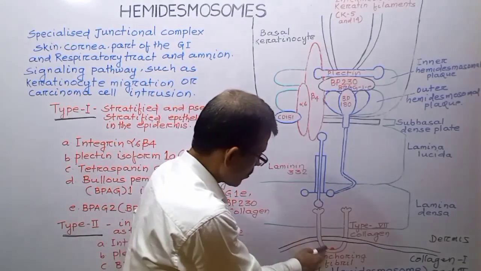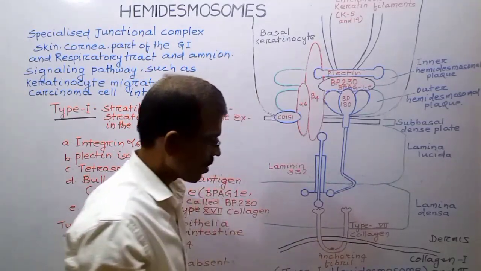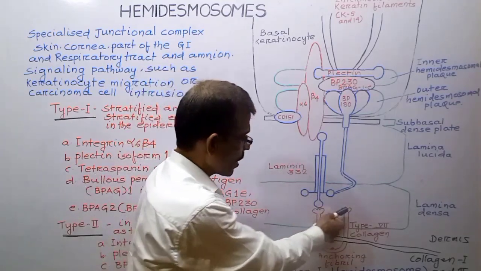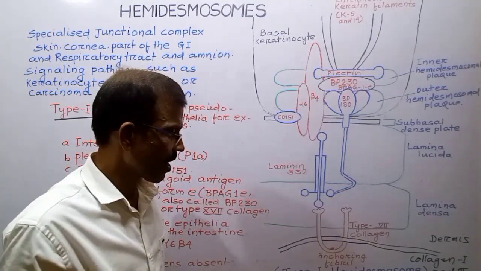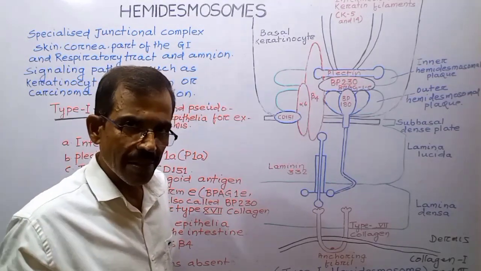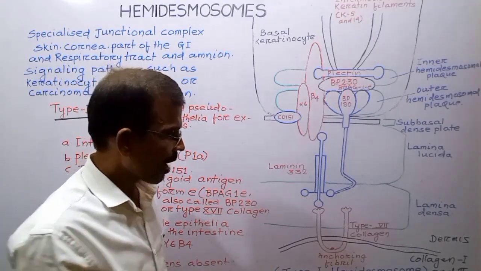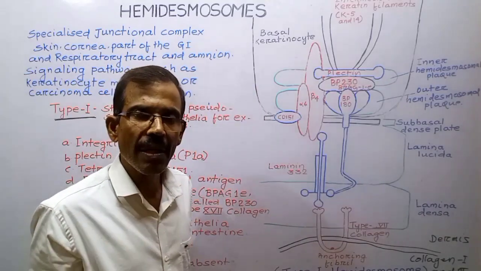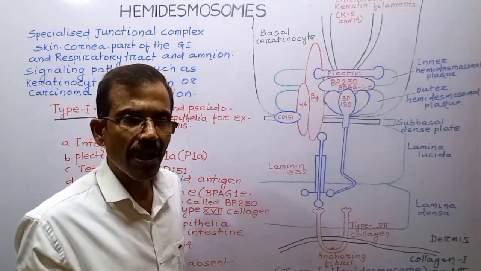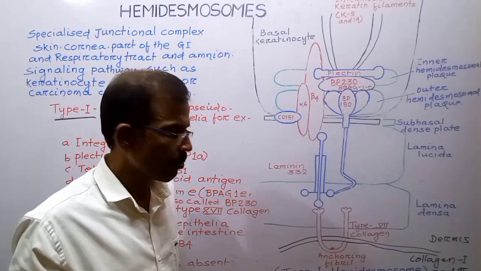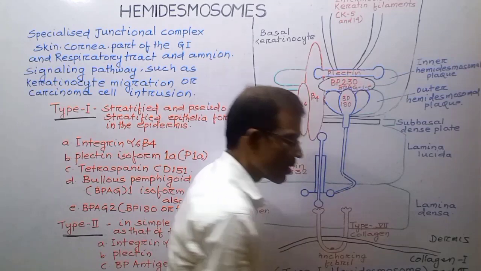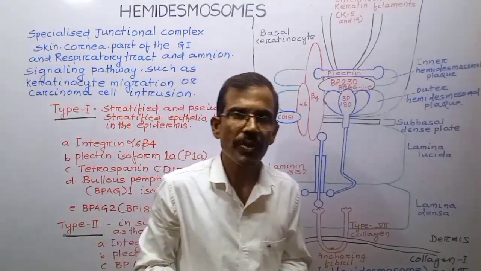The semicircular loop structures are called anchoring fibrils, which originate and terminate in the lamina densa. Lamina densa anchoring fibrils, after entering into the dermis, encircle or link with the collagen fibers and other molecules in the dermis and provide a strong anchorage.